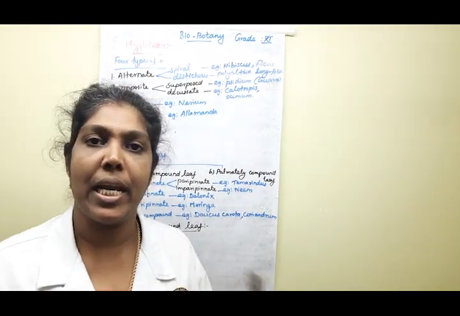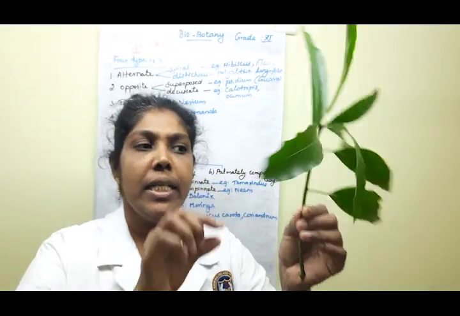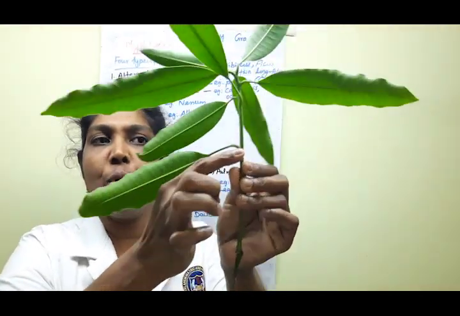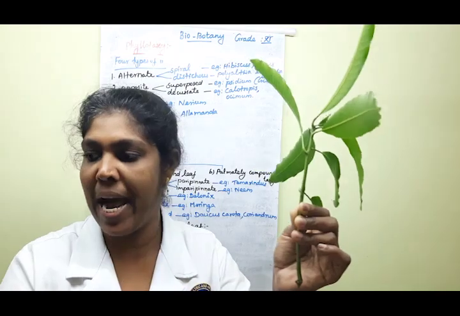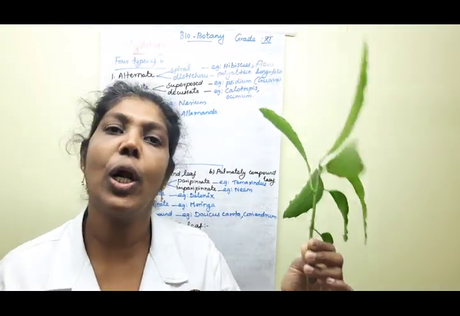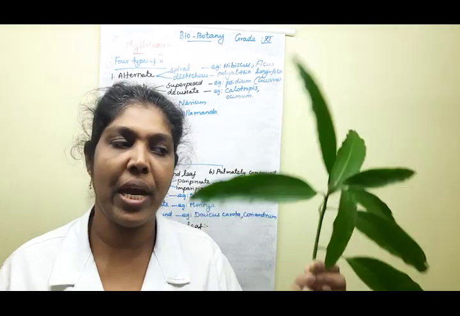Alternate phyllotaxy. Alternate means, here at the nodal part the leaves are arising. Clear? At each nodal region only one leaf arises, and the leaves are arranged in an alternate manner, which is known as alternate phyllotaxy. Okay, each nodal region has only one leaf.